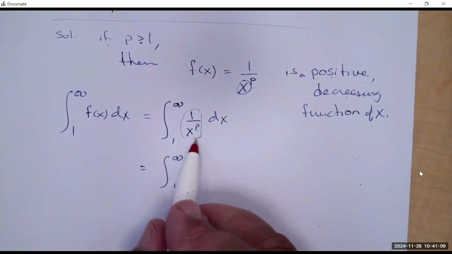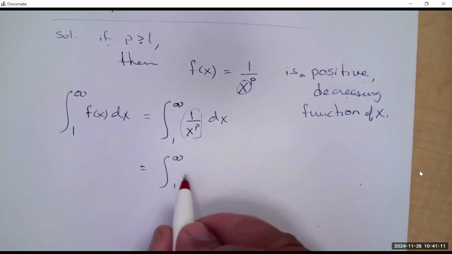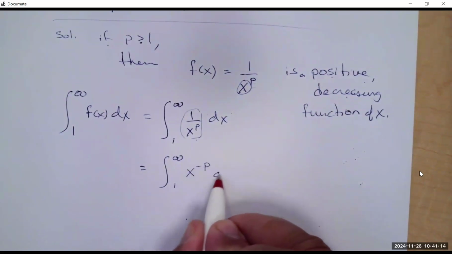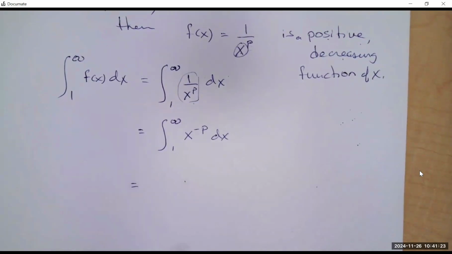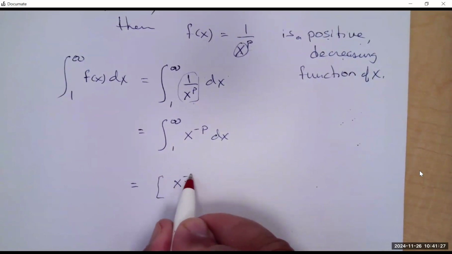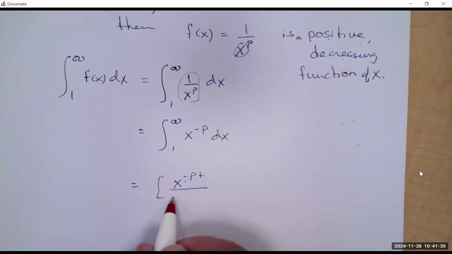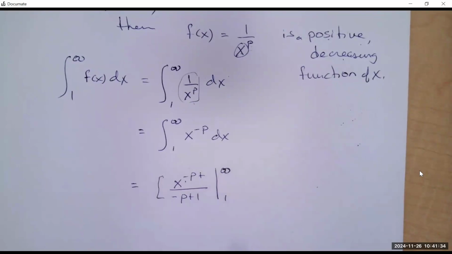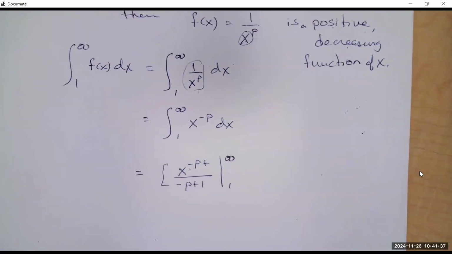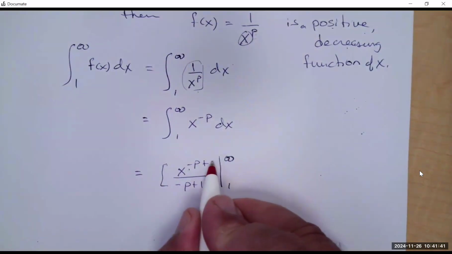How can we rewrite that? x to the negative p. What's the integral going to be? x to the negative p plus 1 divided by negative p plus 1, from 1 to infinity. What's that? Yeah, plus 1.